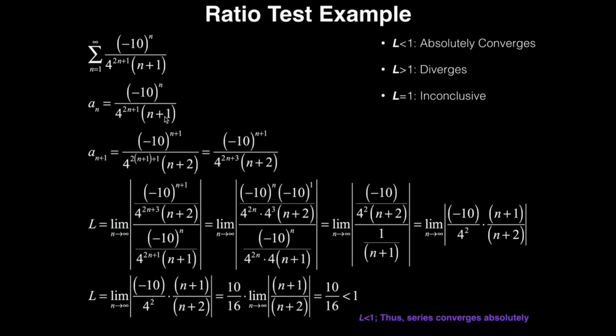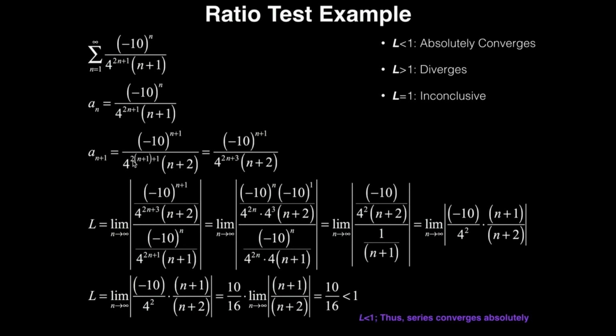All right, simple enough. Now for our a sub n plus 1. What is a sub n plus 1? Well, everywhere I see an n, I need to add a plus 1. So for negative 10 to the n, it'll be negative 10 to the n plus 1. And then in the denominator, I have to be careful here. Here I have 4 to the 2n plus 1, so in this entire n I need to plug in an n plus 1.